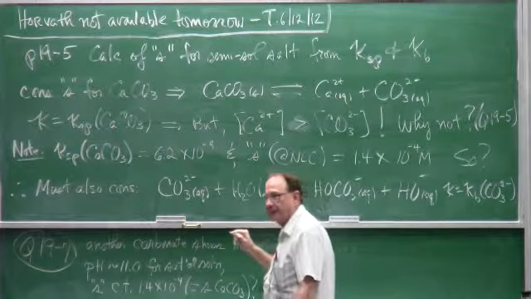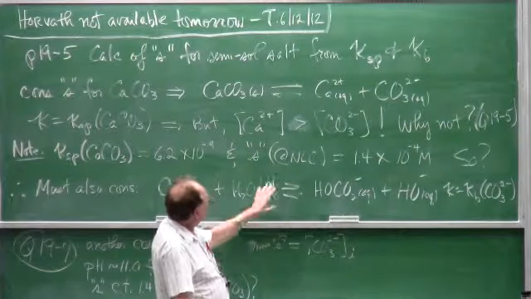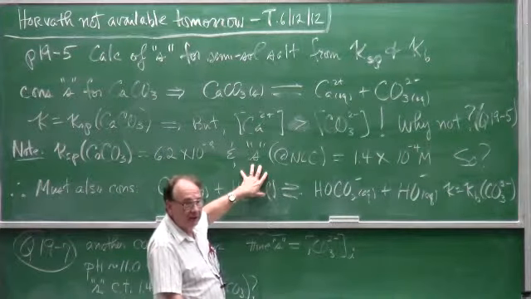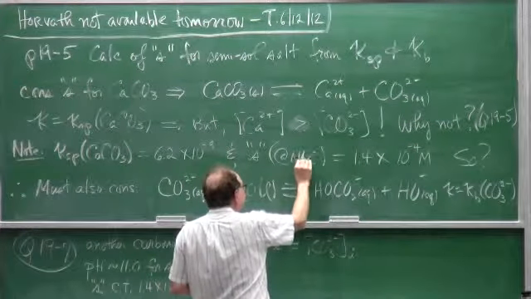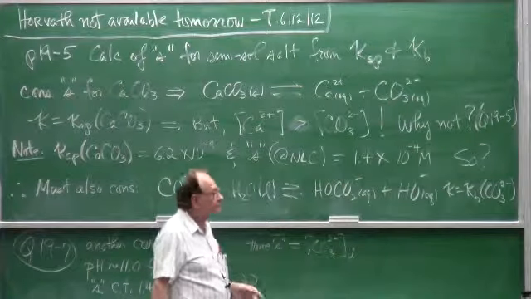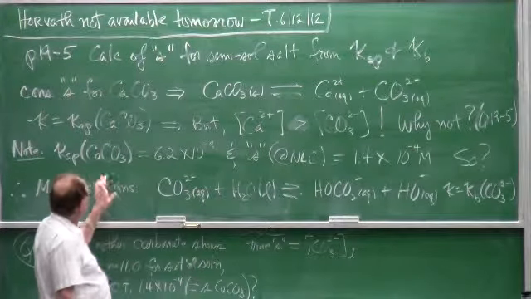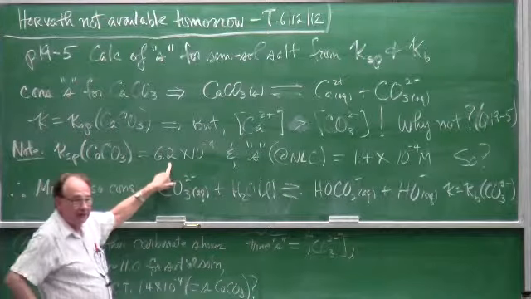How could we verify this is a fact? If we are told that the experimentally determined solubility for calcium carbonate at normal lab conditions is 1.4 times 10 to the minus 4 molar, and the solubility product constant for calcium carbonate is 6.2 times 10 to the minus 9.